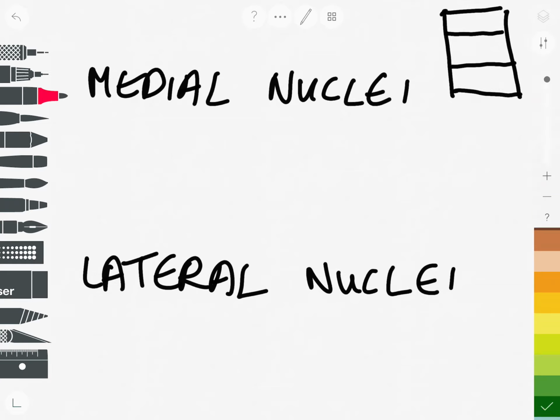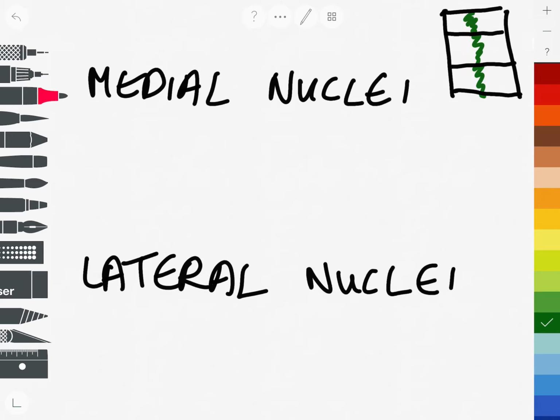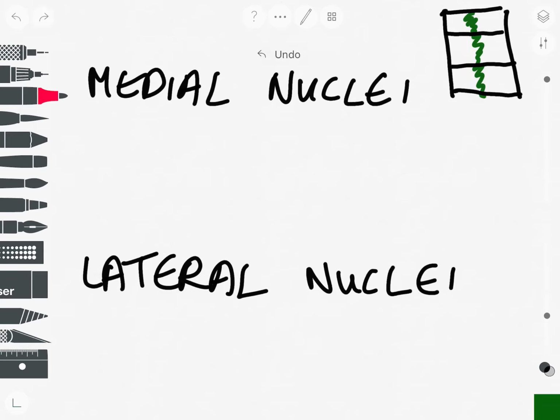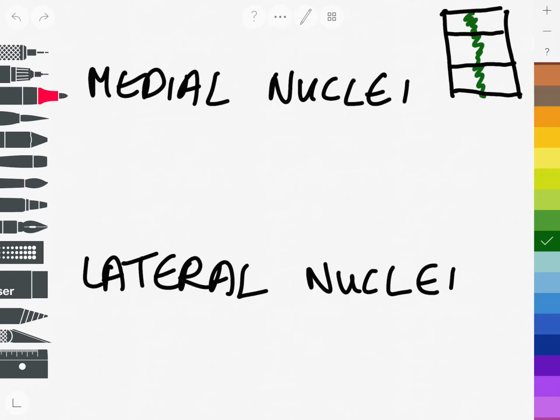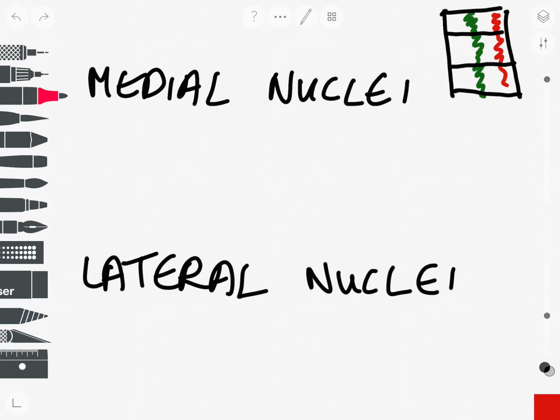Anything that I mark in green would be medial towards the center, and anything that I mark in red would be lateral. Oh, my apologies there. Red will be lateral, so around there.